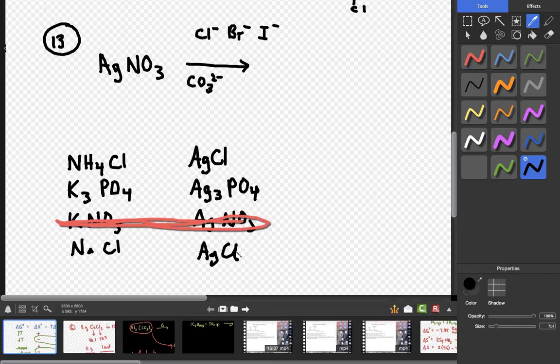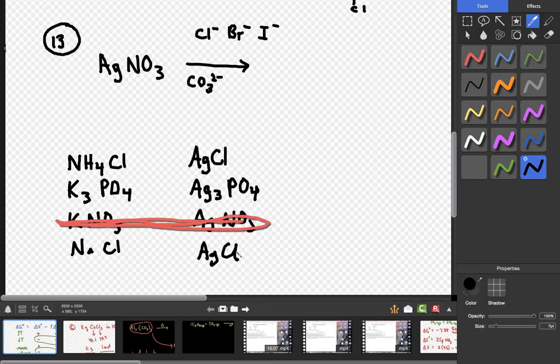So this is what I think they're describing. They're not choosing their words very well. Let's read it carefully. A 0.1 molar solution of an unknown crystalline substance shows a precipitate when treated with silver nitrate solution and turns phenolphthalein solution pink.